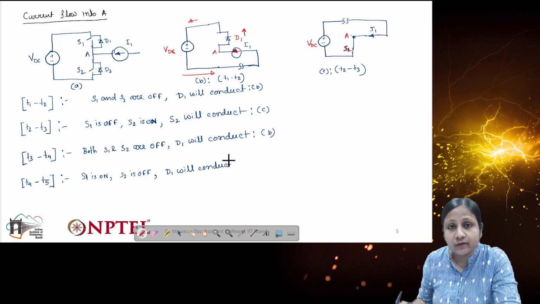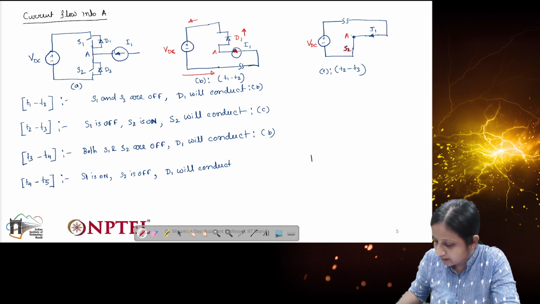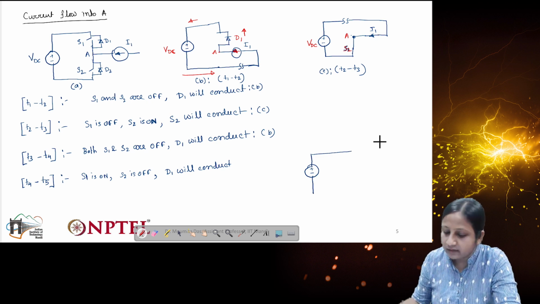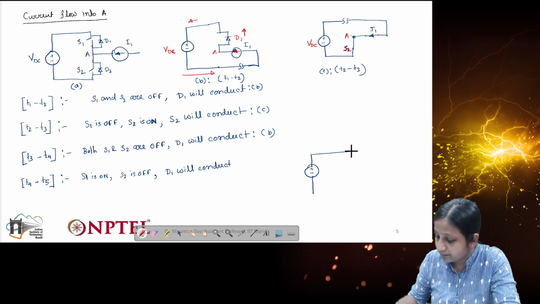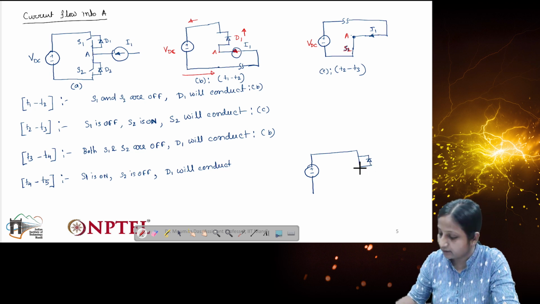So the current will be divided between D1 and S1. How will this diagram look? I can draw it here. It is connected like this and D1 is conducting, and let me draw both the switch and the diode, because current will flow through both paths if the switch is capable. If the switch is not capable, then only the diode D1 will conduct.